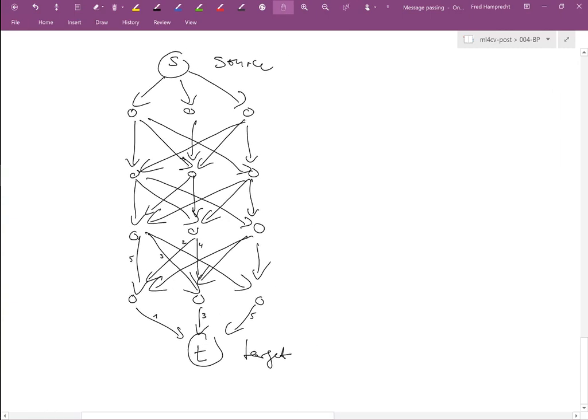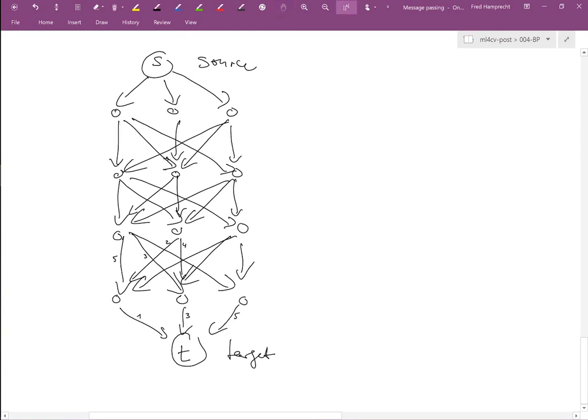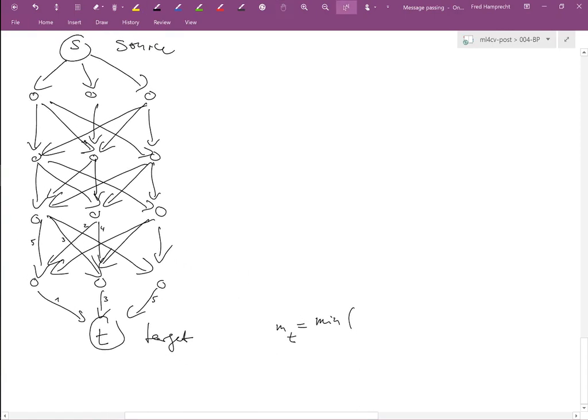And now I can ask this question recursively. If I want to find the minimal cost to the target, let me write the minimal cost to the target, then I can say that this will be the minimum of, okay, let me number the nodes. I'm calling this one 1, 2, 3, and then 4, 5, 6.